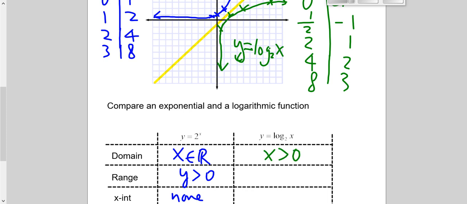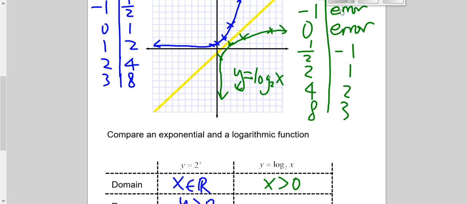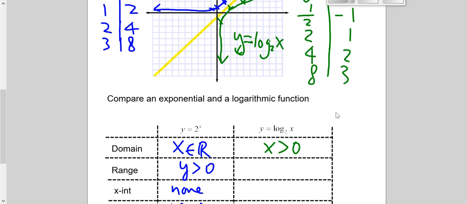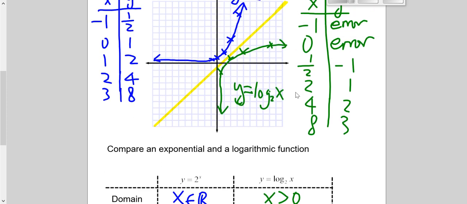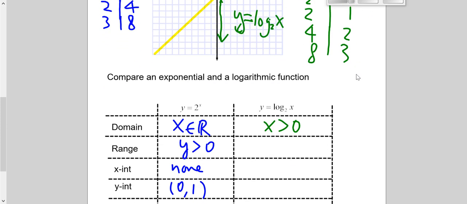Remember this. You cannot take the log of 0. You cannot take the log of a negative number. Next, y values obviously go all the way from negative infinity to positive infinity. It goes slowly here. There's no horizontal asymptote. It just goes slowly up.